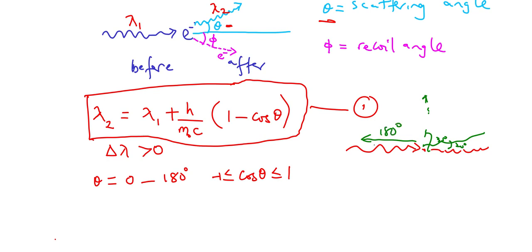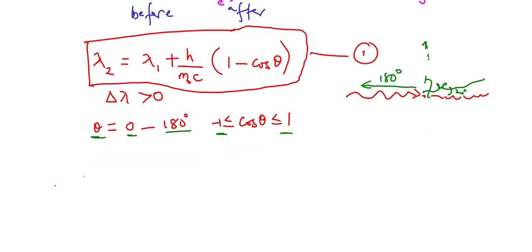And this can be scattered back, reflected back by the charged particle, which is the electron or proton. In this case, we're using electron. So the maximum angle is 180 degrees. So the range of values for theta is between 0 and 180 degrees, and the range of values for cos theta will be between minus 1 and 1.